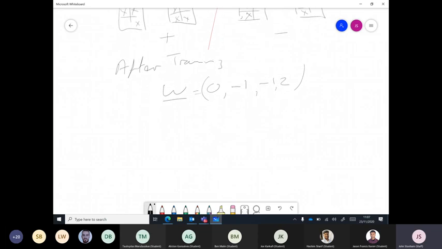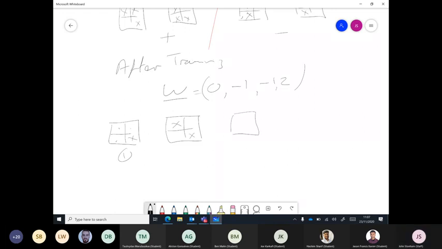Having got the training done, it is relatively easy now to do testing, using this weight vector to classify other patterns. If I look at candidate patterns, there's 1, there's pattern 2, pattern 3, and pattern 4.